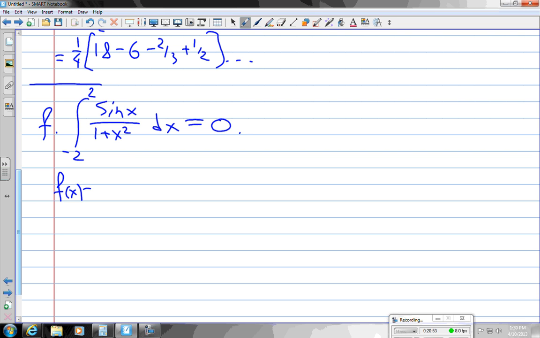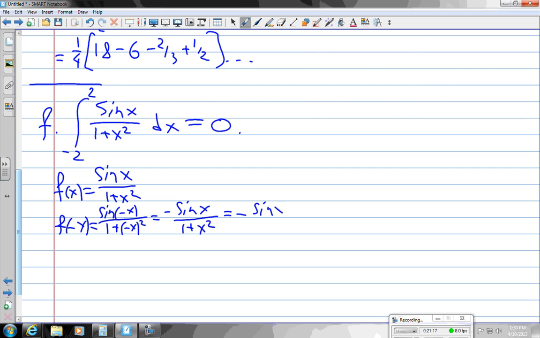But we know that that's an odd function. If f of x equals this, then f of negative x equals sine of negative x over 1 plus negative x squared. Since sine is an odd function, the negative comes out in the numerator while the denominator stays the same. So that negative can be pulled all the way up front, so that's negative f of x.